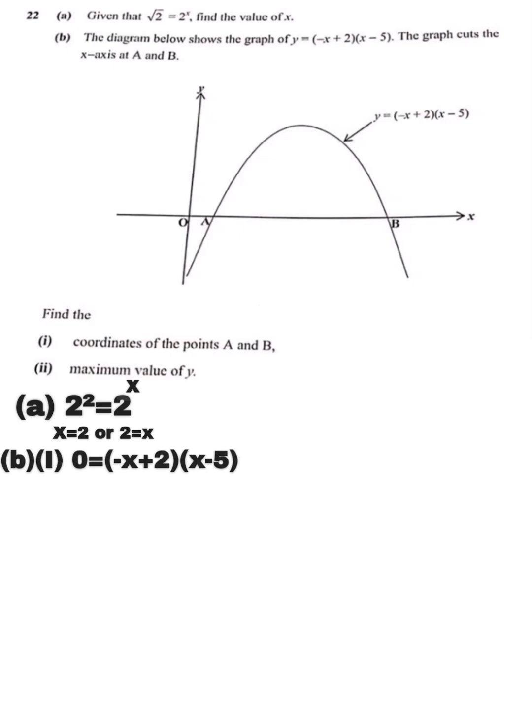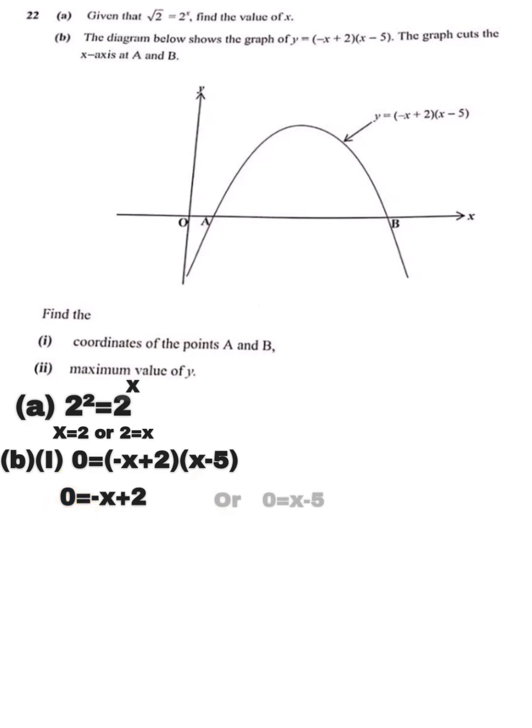Also open bracket, x minus 5, close bracket. Then from there, I'm going to say 0 is equal to negative x plus 2. Again, 0 is equal to x minus 5.